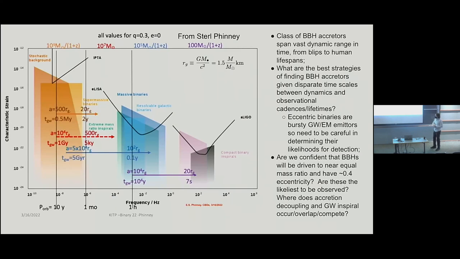For instance, do we expect the binaries to be equal mass eccentric binaries at the time that we observe them? What's the likelihood? If they are, eccentric orbits are bursty in gravitational waves, and maybe in light, and so that burst may not happen when we want it to happen. So how do we deal with that?